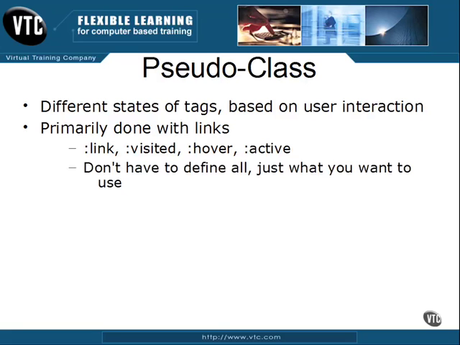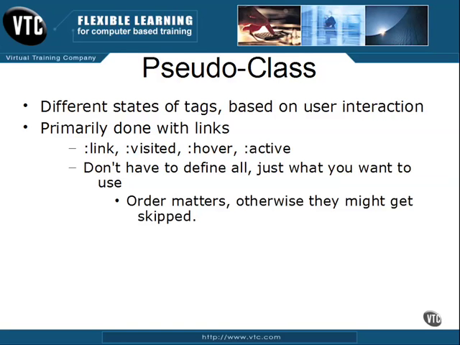Now, we don't have to define all of these links, but the ones that we do want to use will have to be in that specific order. If we don't state that we want the link, visited, hover, and active in order, it may be skipped by the browser. So there is an order that is important here.